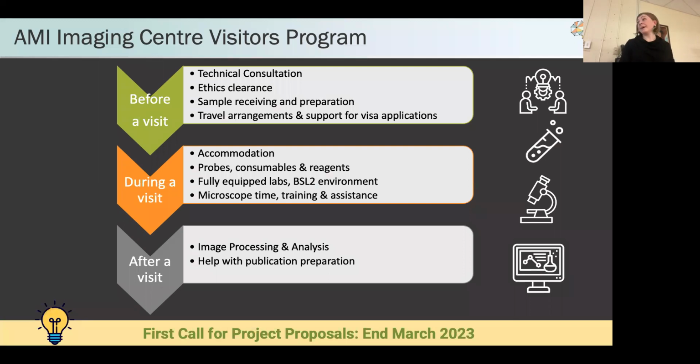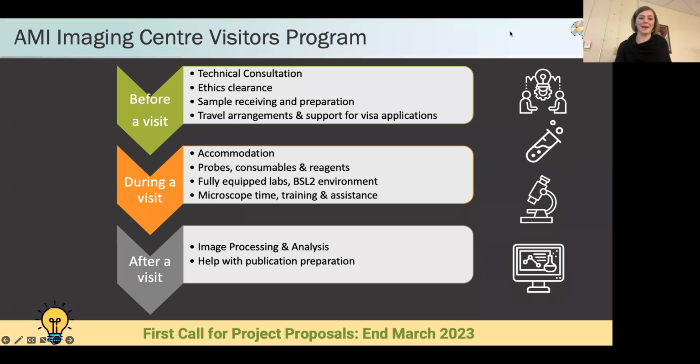So prior even to application, we encourage researchers to contact us for a technical consultation, but certainly before they visit, there would be consultations in terms of making sure that the experimental plan is sound and we all know what's going to be done. We will work with researchers to make sure they have the appropriate ethics clearance to do what needs to be done, to bring in samples that they need to bring in, and help with travel arrangements, etc. While here, as I said, accommodation is covered, costs of the experiments are covered.